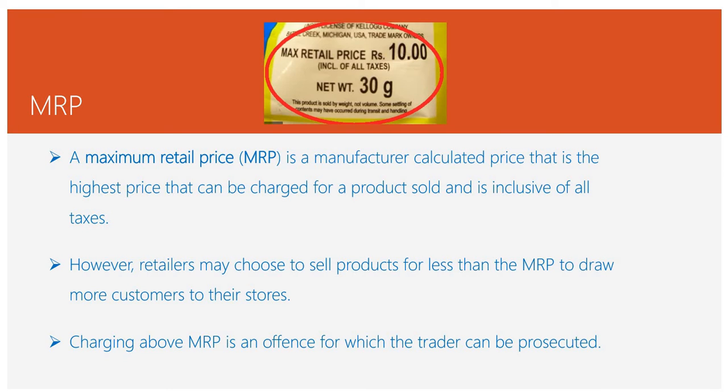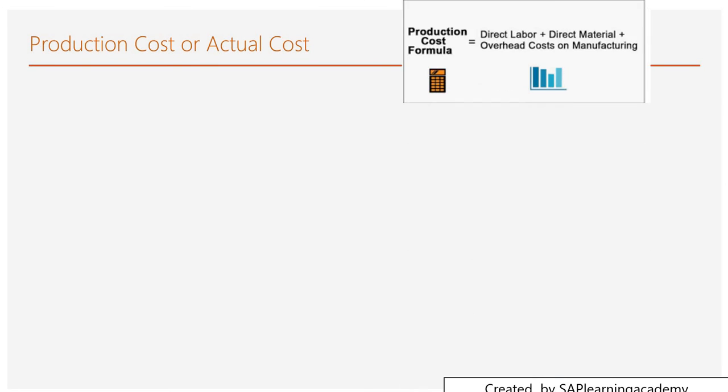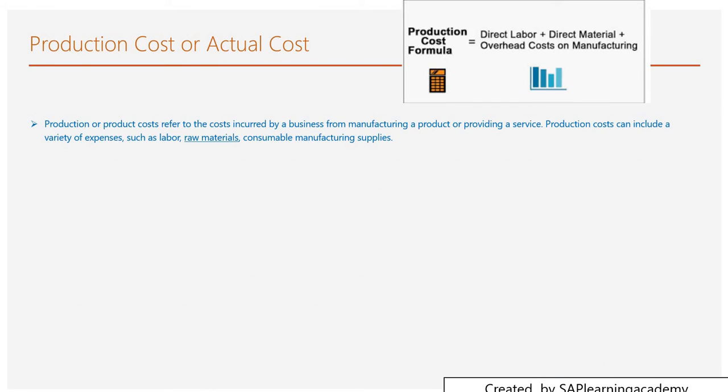Now I'll be telling you about the production cost. It is very important to understand what production cost is in the company in relation to MRP. Production cost refers to the cost incurred by a business from manufacturing a product or providing a service. Production cost can include a variety of expenses such as labor, raw material, consumables, and manufacturing supplies.